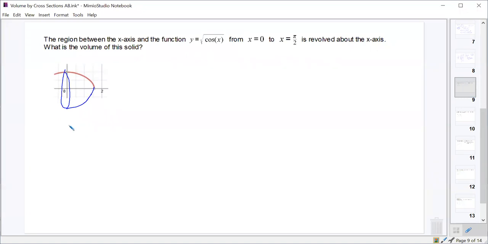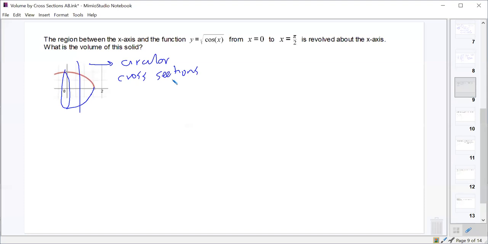It's sort of like the bottom of an acorn or something like that. And we'd like to be able to find the volume. So if I slice it vertically, what do the cross sections look like? Circles. These are circular cross sections. Exactly. And anytime we revolve, we are effectively going to get circular cross sections.